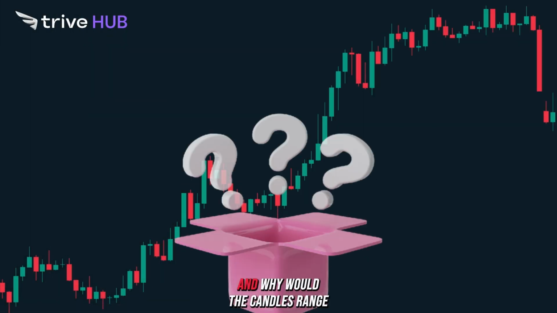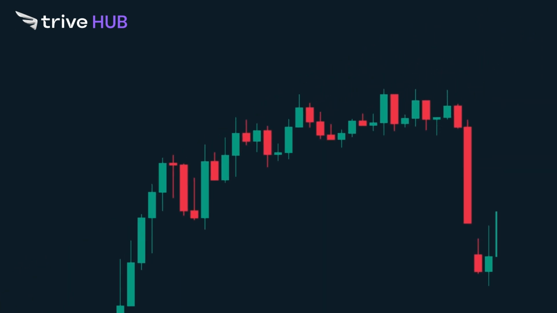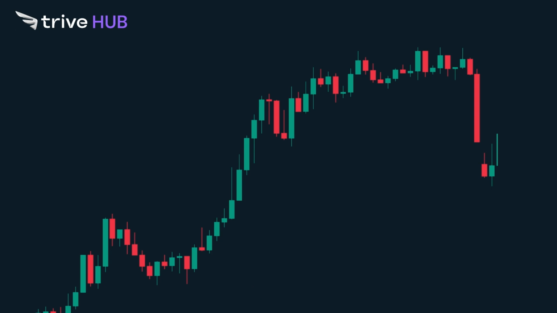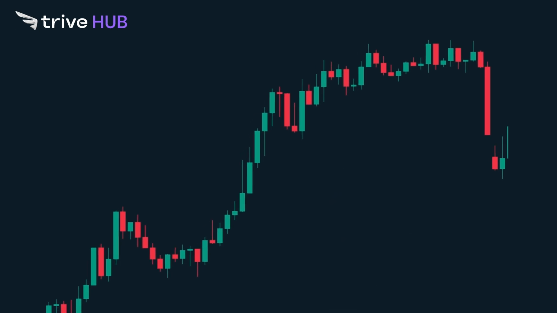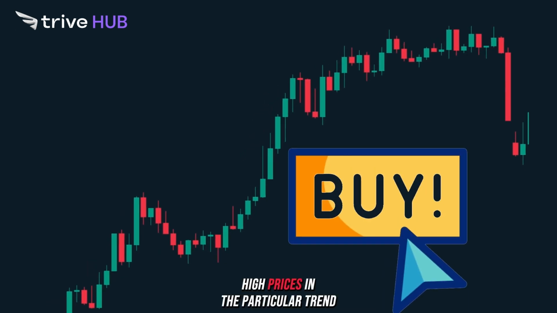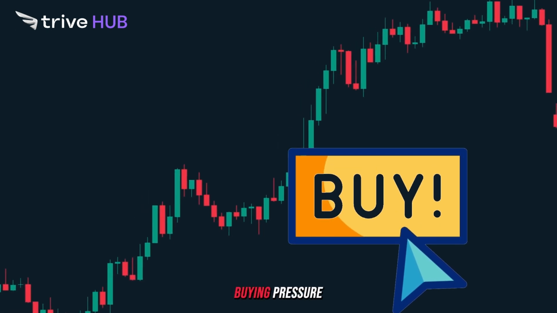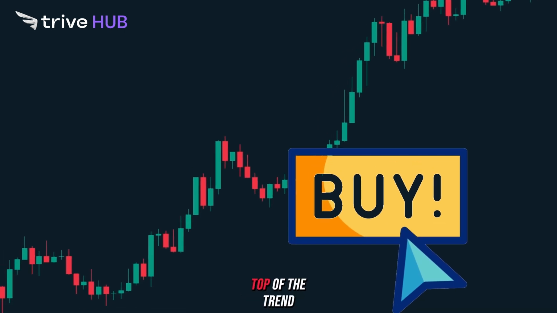And why would the candle range decline in extended uptrends? The reason is that if a trend is about to decline or reverse, the buyers start to reduce their buying activity, and not many players are willing to buy at high prices in the trend. That reduces the buying pressure and the candle sizes start to decline at the top of the trend.